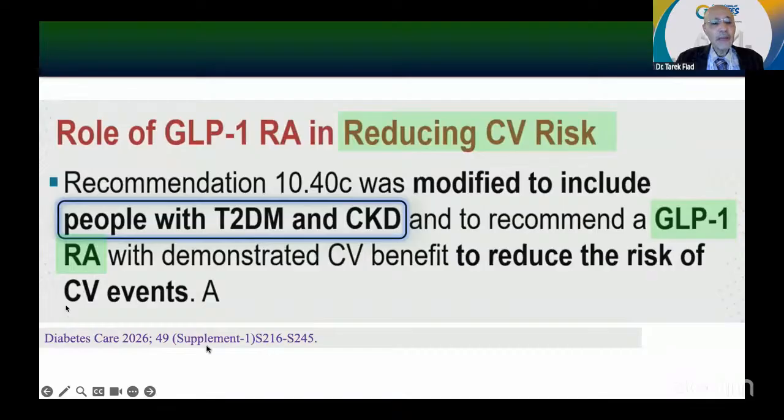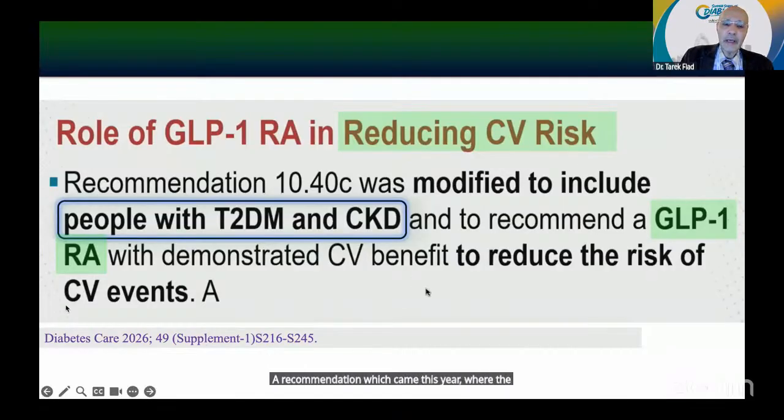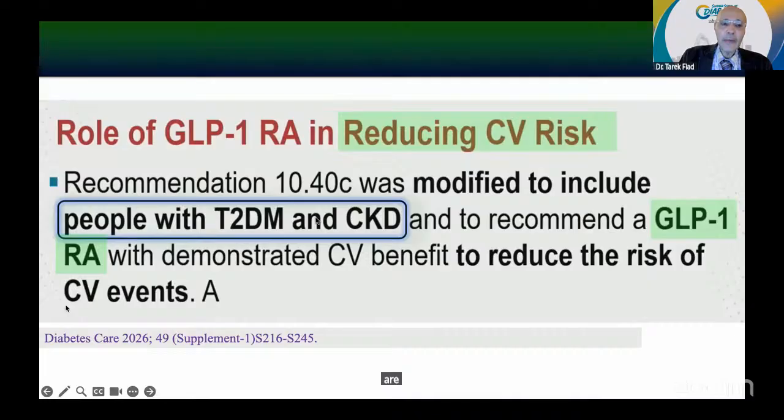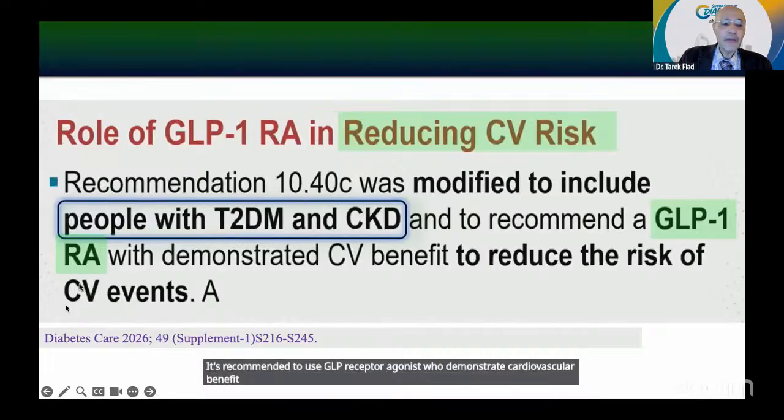recommendation which came this year, where the ADA recommended that people with type 2 diabetes and chronic kidney disease, it's recommended to use GLP receptor agonist with demonstrated cardiovascular benefit to reduce the risk of cardiovascular events.